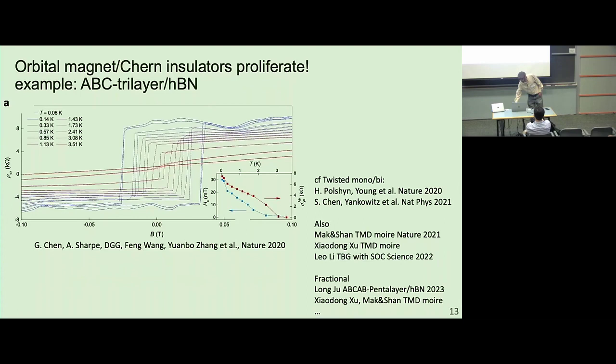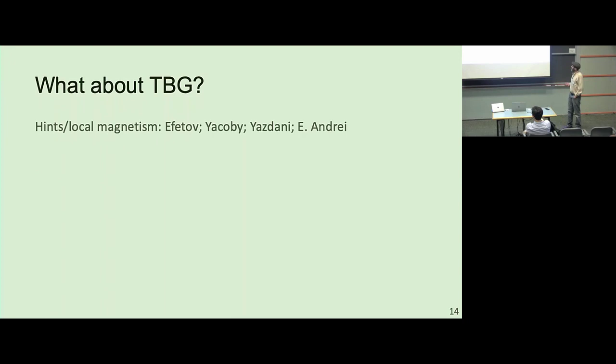But what about twisted bilayer graphene? So I showed you that we had seen this behavior in one sample, and then that was studied by Andrea's group. So there have been hints, and I think this is developing into more than hints.